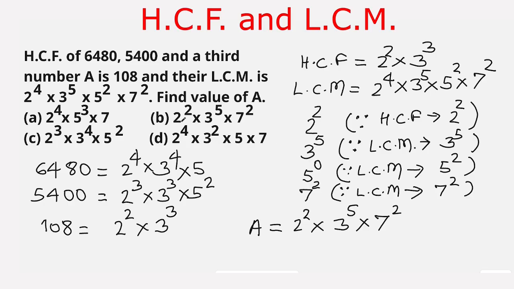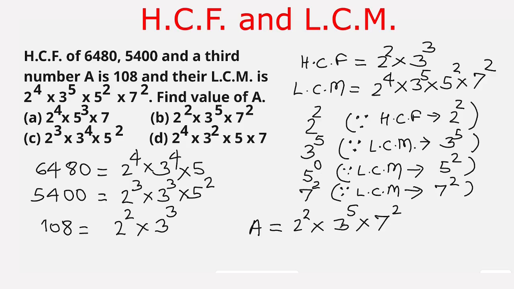And option B has all the numbers 2, 3, 7. It is not having 5, but 6480 and 5400 both have the power of 5 in them, and 5 to the power 2 is already there in 5400 and that is also in LCM.